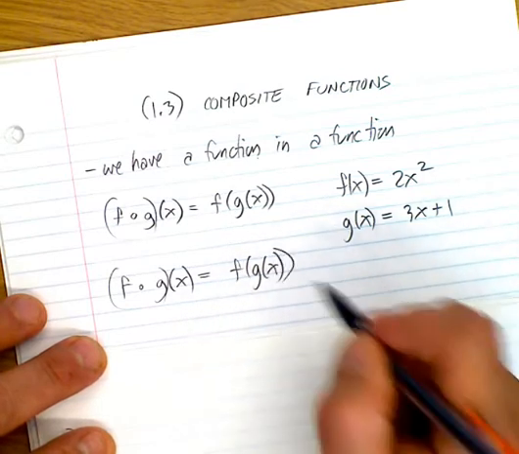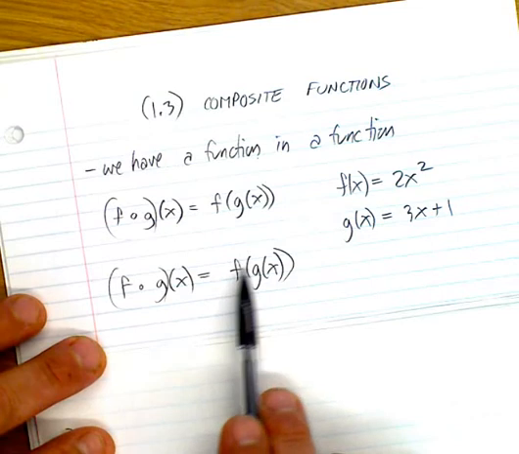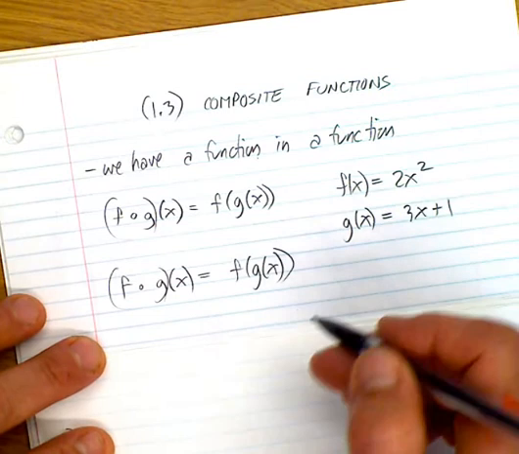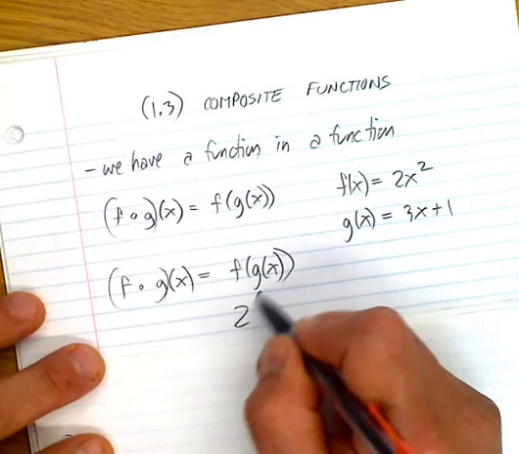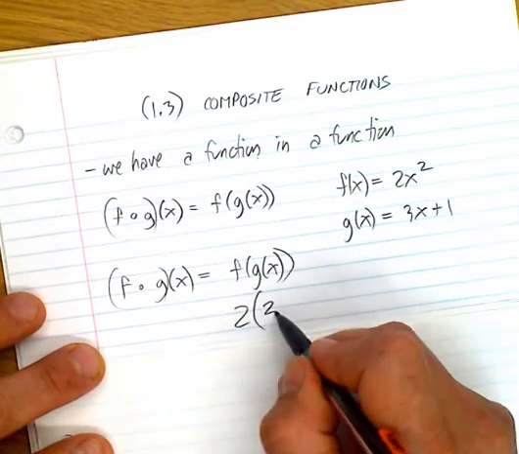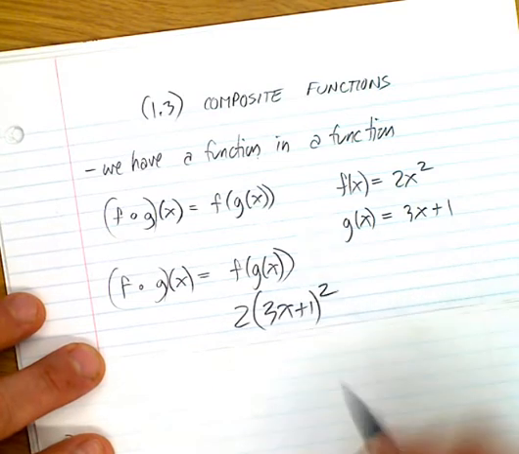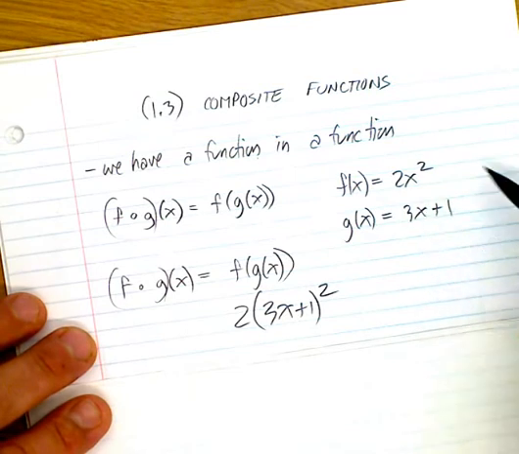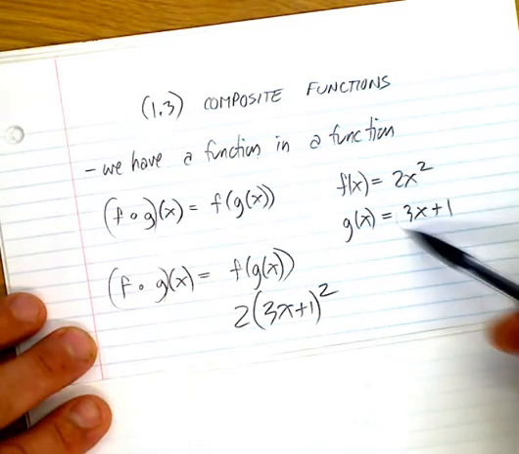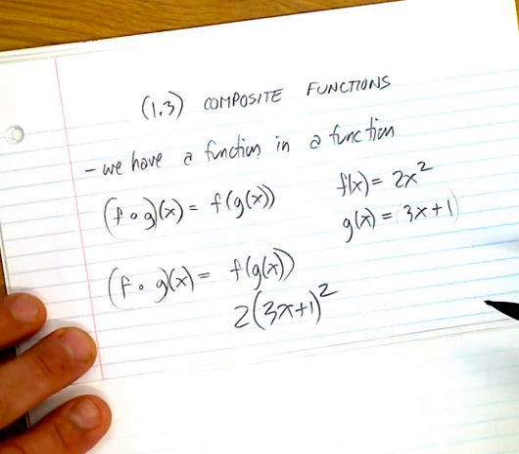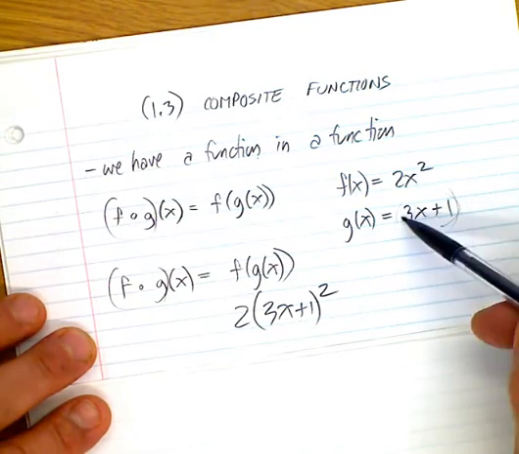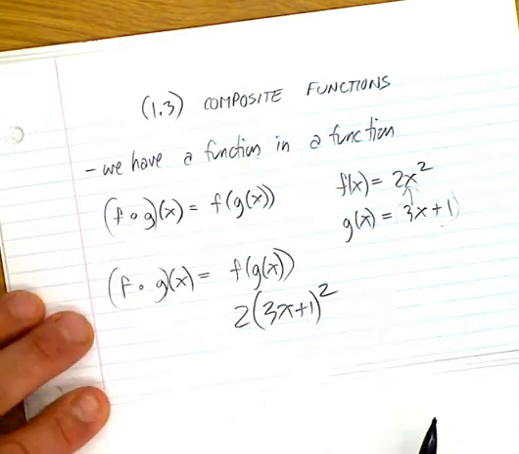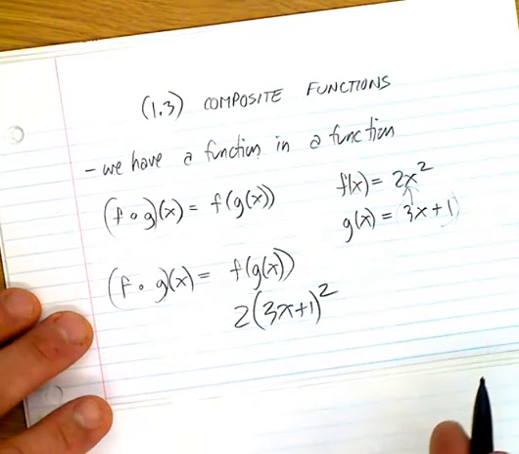So in the f function, we put the g of x. Your g of x is 3x plus 1. This x here ends up being this whole thing here, right? This 3x plus 1 is my x. It goes inside, so it becomes 2 bracket 3x plus 1, all squared. We can FOIL it out, multiply it out if we want, but we're just leaving it like this for now.